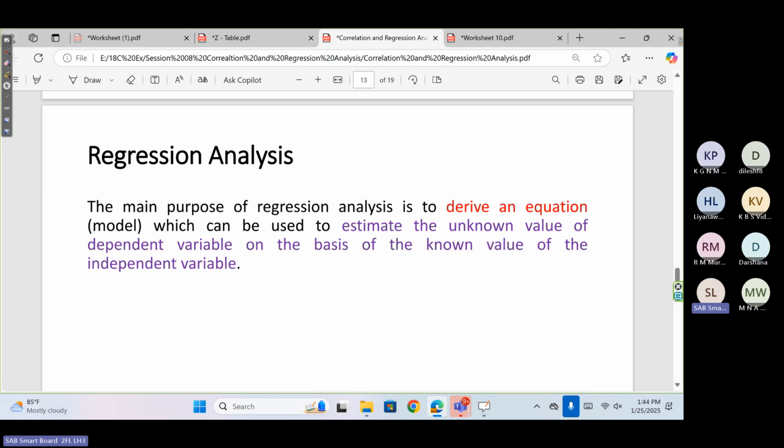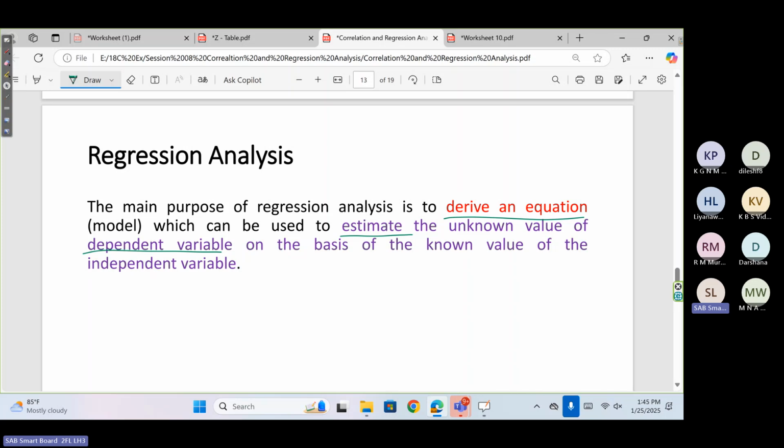Using this equation, we can estimate the value of the dependent variable. Using the independent variable values, which we already know, we can estimate the value of the dependent variable.